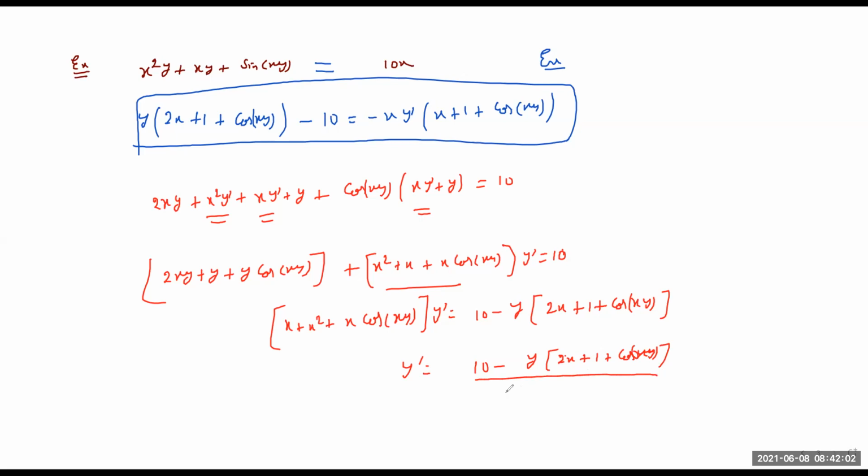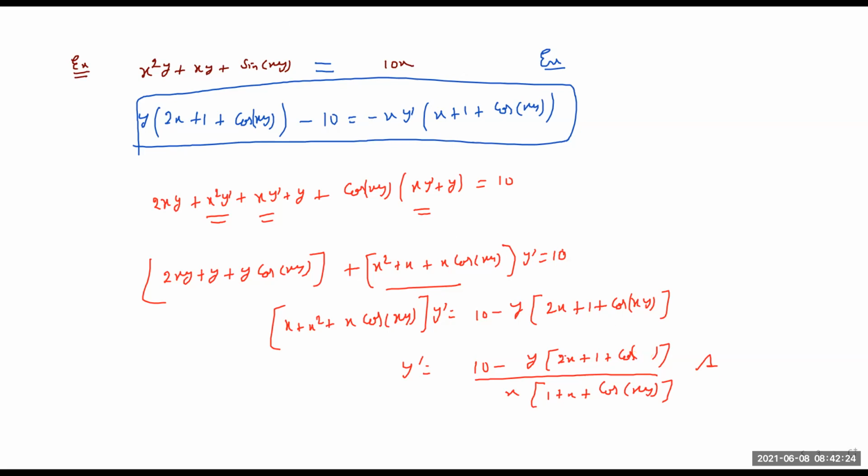So we have to put just y dash on one side and everything else on the other side, so your dy by dx, right? This is what we're looking for. So your answer is absolutely correct, very good job done.